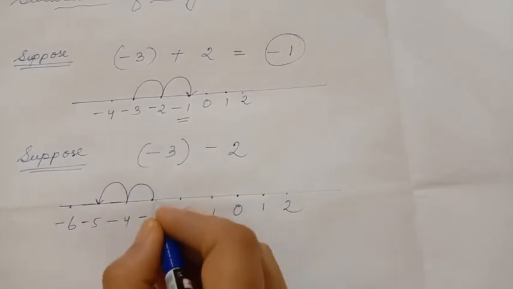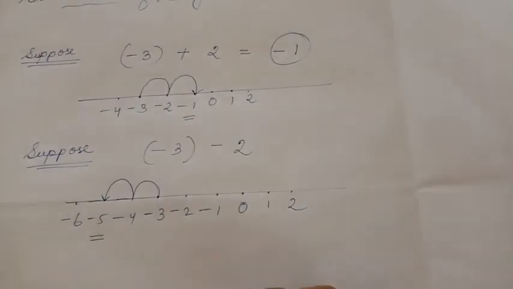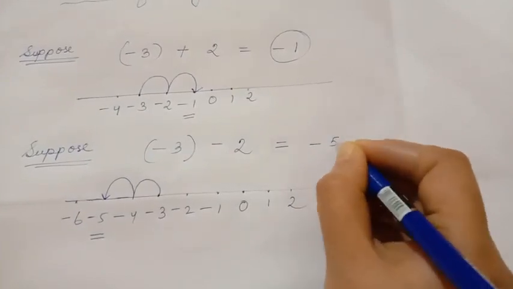So by moving left 2 units from -3, we are getting -5. So answer would be -5.